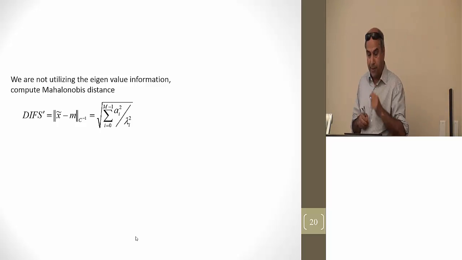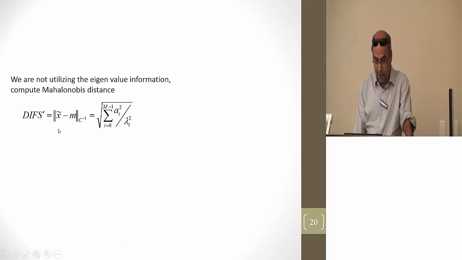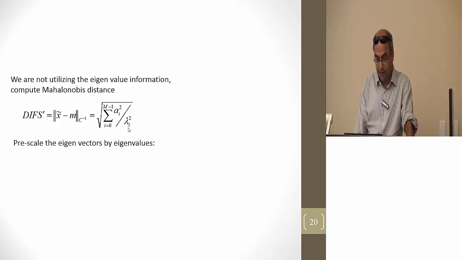So that distance essentially, for a particular projection x, which is x tilde, instead of only the a's, we will divide each a by the corresponding eigenvalue. Okay? And that is Mahalanobis distance, and that will give you better results.